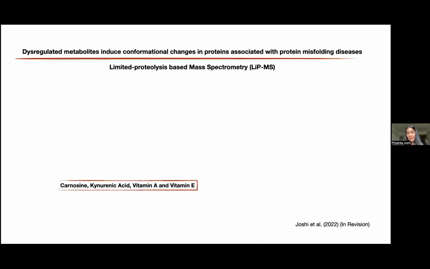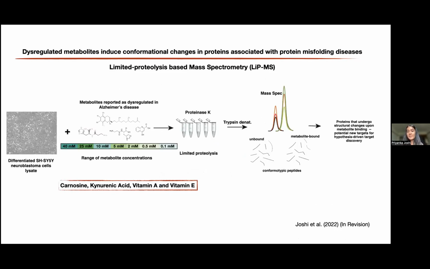Now I've identified these four metabolites: carnosine, kynurenic acid, vitamin A and E. But as one may ask, these metabolites can have off-target effects in the cells as well. So for this, I used limited proteolysis-based mass spectrometry, which essentially identifies any conformational changes in the whole cellular proteome.